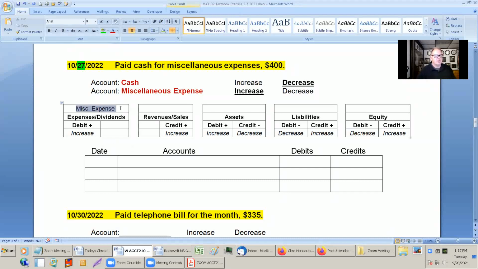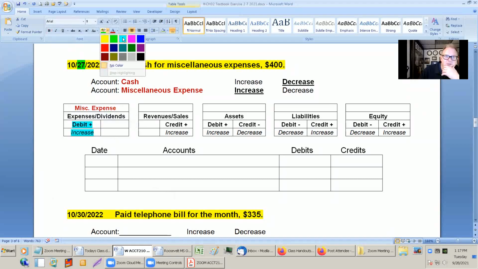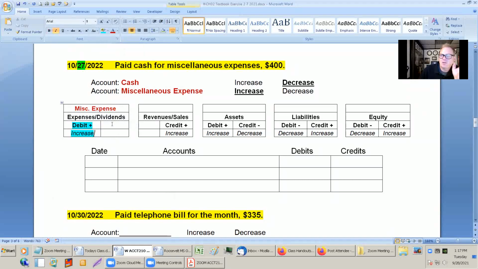Whenever you run into an expense, you say yippee. Not because you like expenses, but because for the journal entry, you know exactly what it is. Expenses are always debits, unless something weird happens, something wacky. So if you get an expense, it's always a debit.